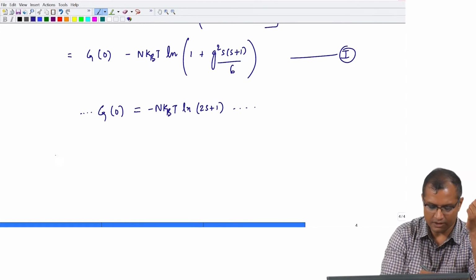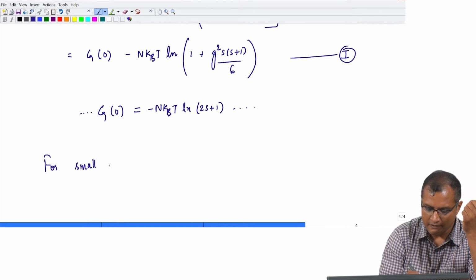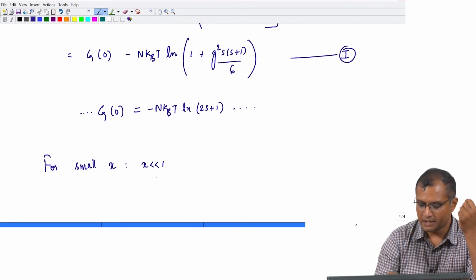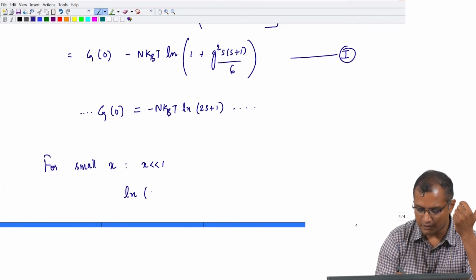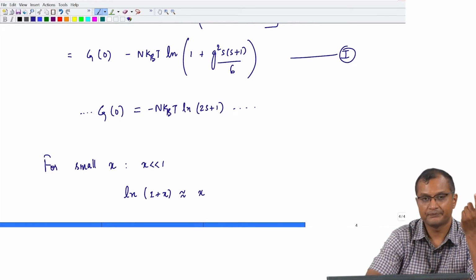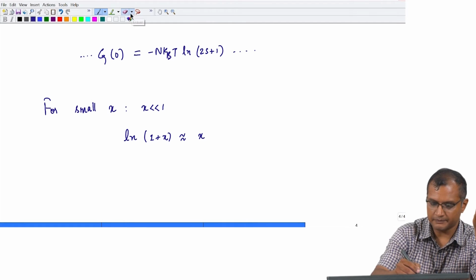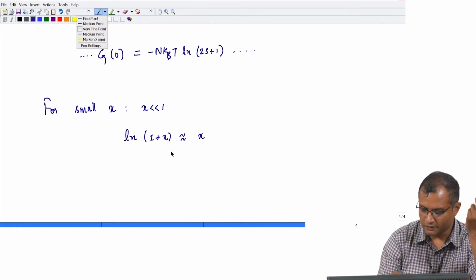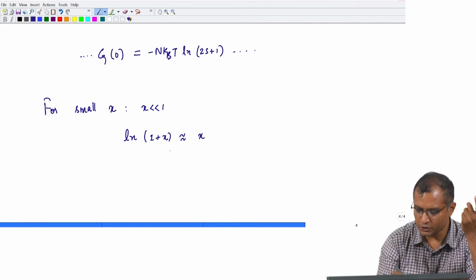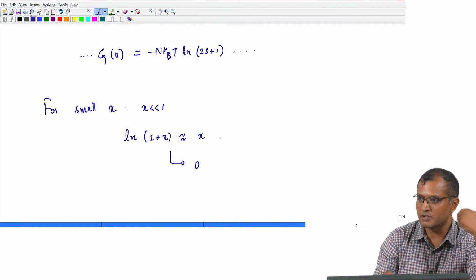And noting that for small x, by small x I mean when x is much smaller than 1, I can always write ln of 1 plus x as just x. Actually, the correct expansion of ln 1 plus x for small x: the leading term will be ln 1, which is 0, because you are expanding around 1.